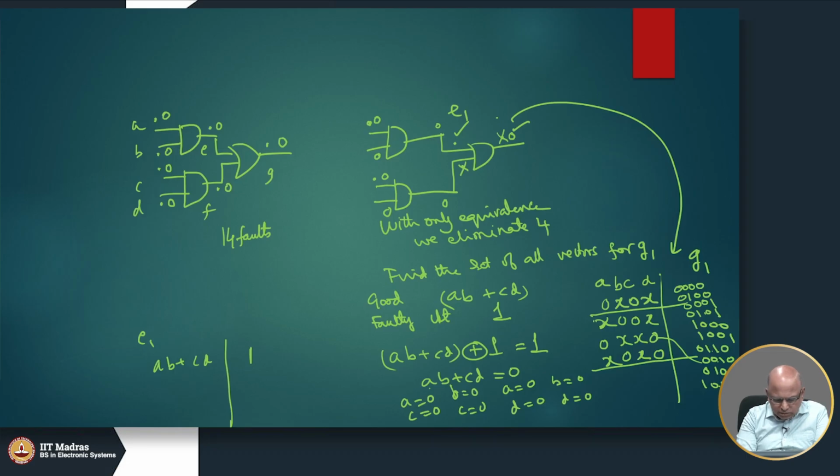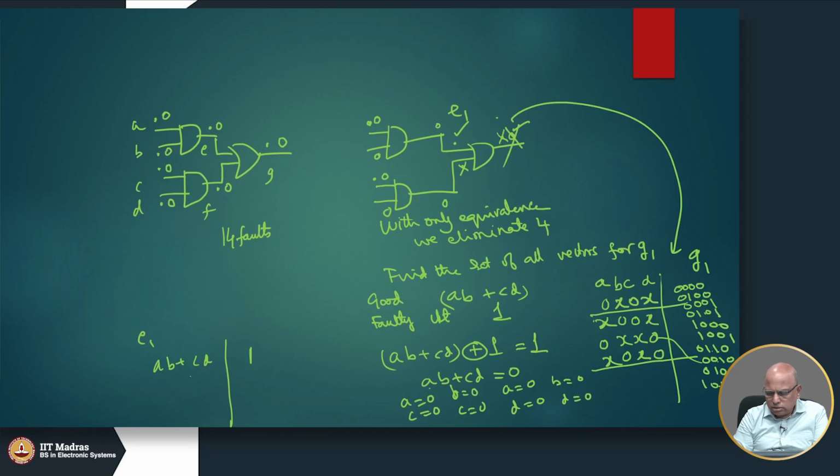So, we will realize that we may end up with the same vectors, because here also the condition is AB plus CD equal to 1. So, in other words, G1 and E1 may have identical sets of test vectors. So, one of them can be eliminated. There is no need to separately test for, let us say, this G1.